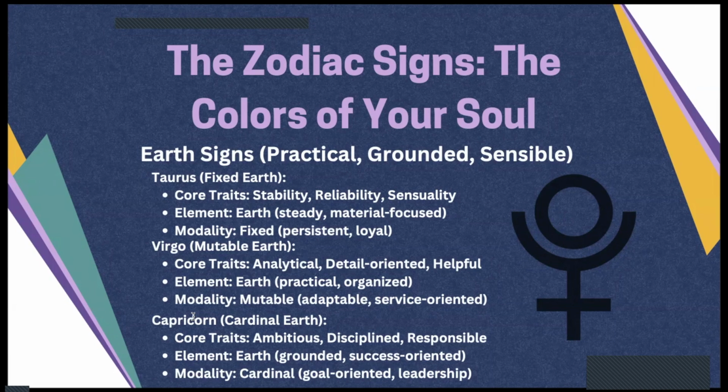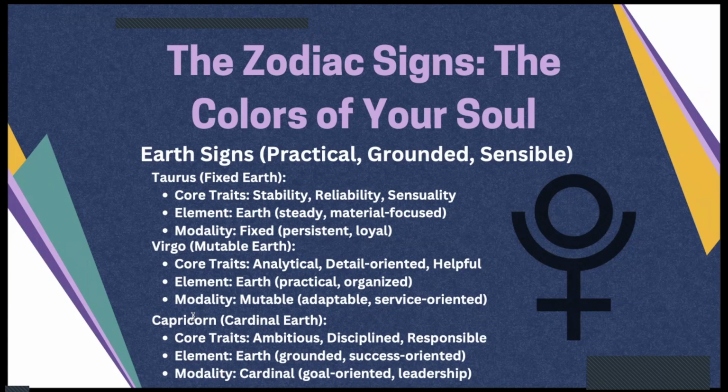That's the earth, that's the grounding. The element is earth: steady, material, focused. Modality is fixed, persistent, and loyal. That's the way that Taurus expresses its earth element.